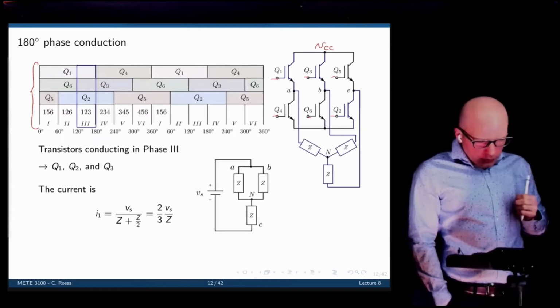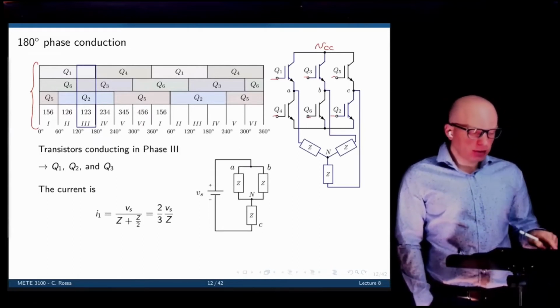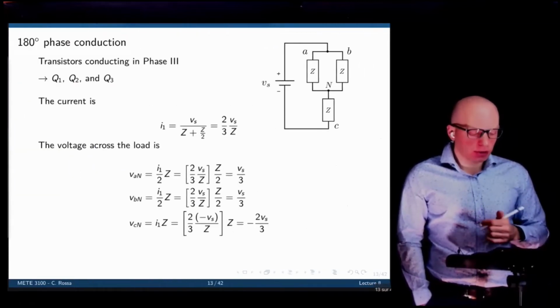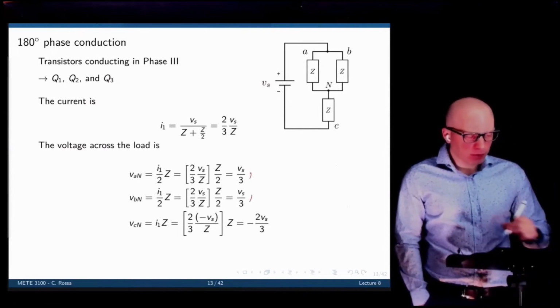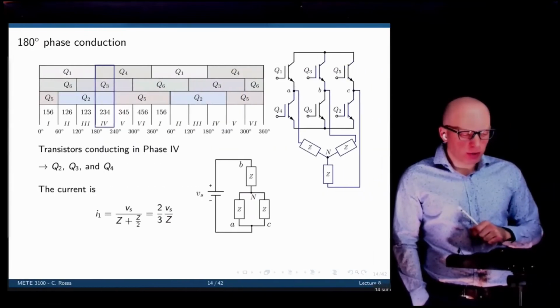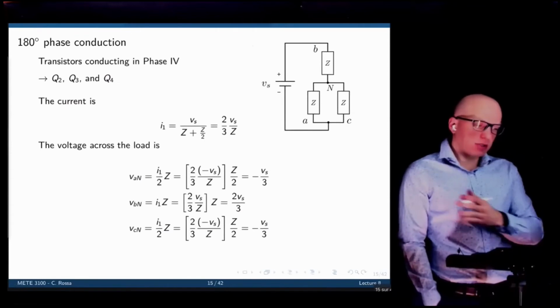Okay, very well. So now we can move on to phase 3, same idea, but now again, the path is slightly different. And we can recalculate the voltages across the load for each of these modes. So we now have positive Vs over 3 and negative 2 Vs over 3. And we can keep going. We can do phase 4, same thing. You see that it's the same procedure.